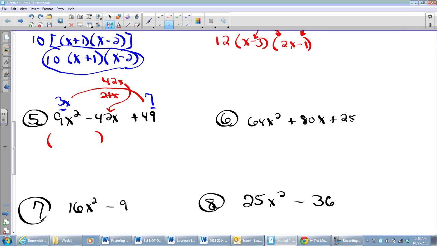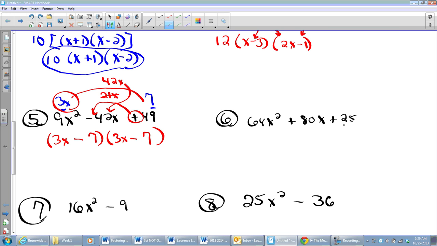Very easy to factor. You take the square root of the first term, it becomes the firsts in the two quantities. You take the square root of the constant, it becomes the lasts of the two quantities. There has to be a plus here. This sign shows up in both quantities. Boom, I'm done.